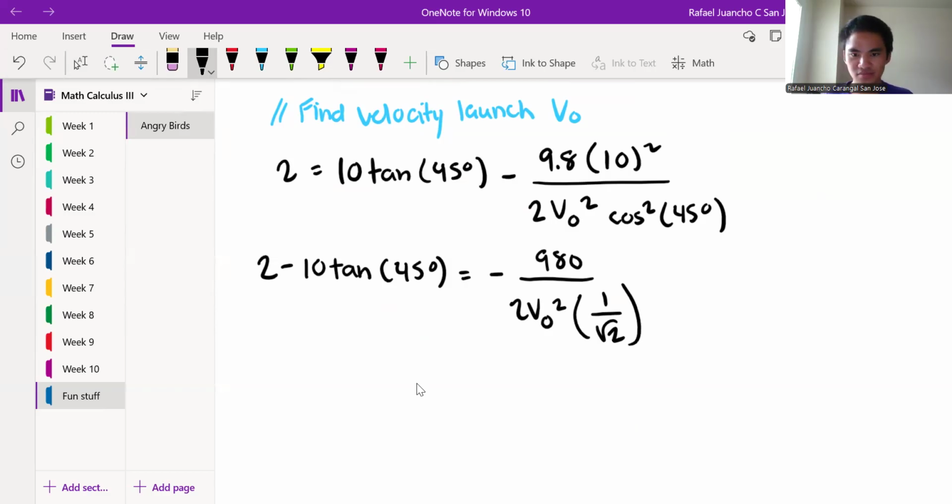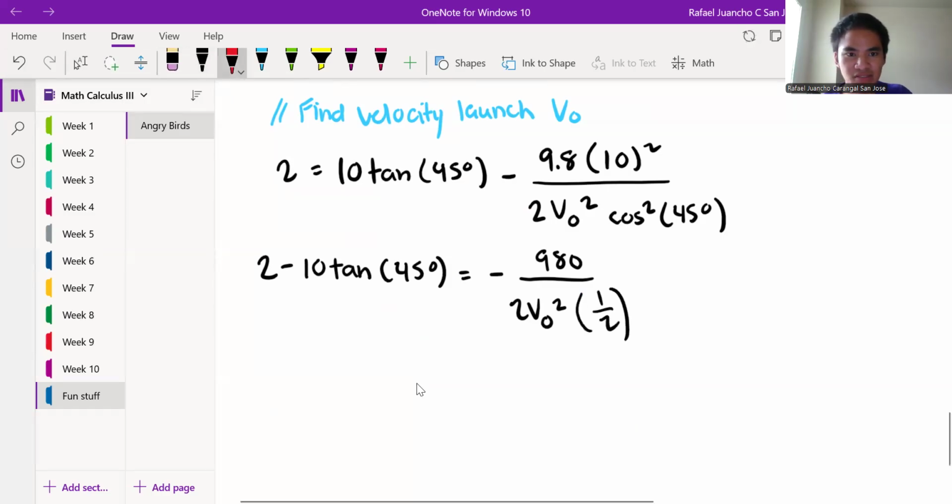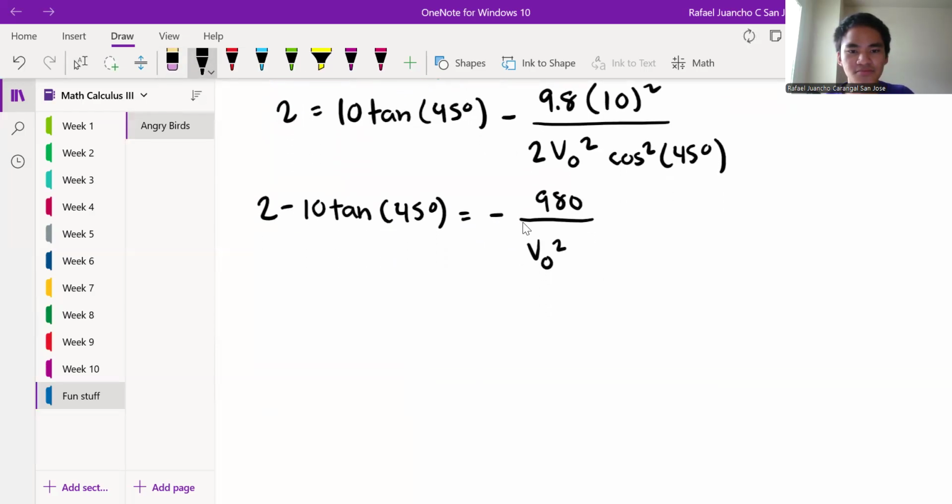Oh, we square this thing, so it's going to be 1/2. Oh, but then we can cancel this thing. So now it's going to be just this. What else can we do? Oh, we can subtract.